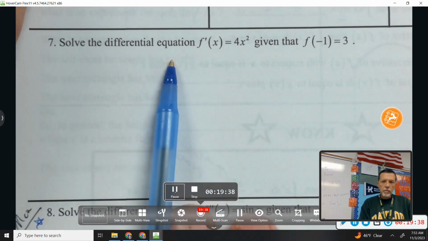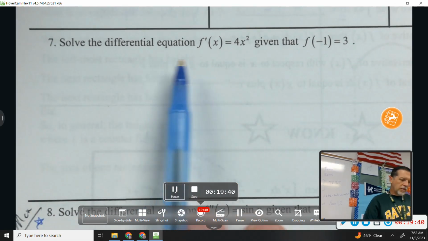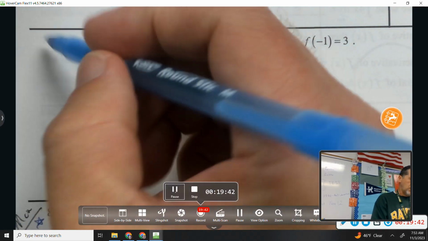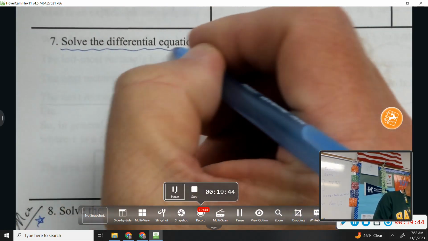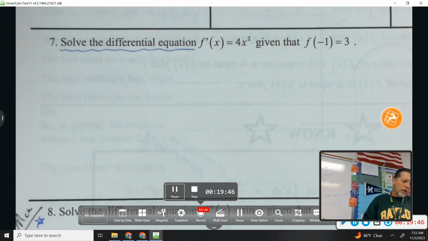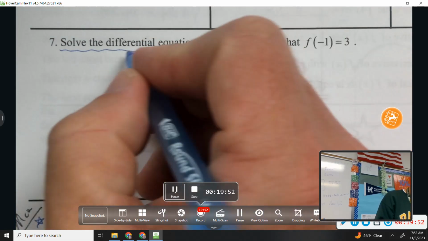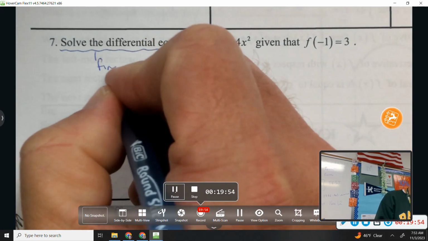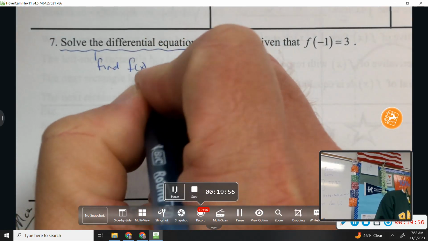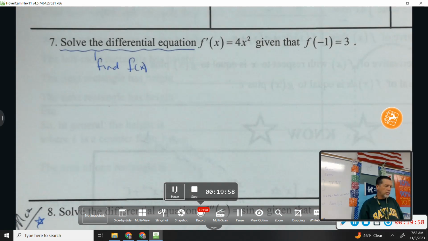Back to number 7. Solve the differential equation. What? That sounds weird. F prime equals 4x squared, given that f of negative 1 equals 3. Okay, well, what that means is find f of x.